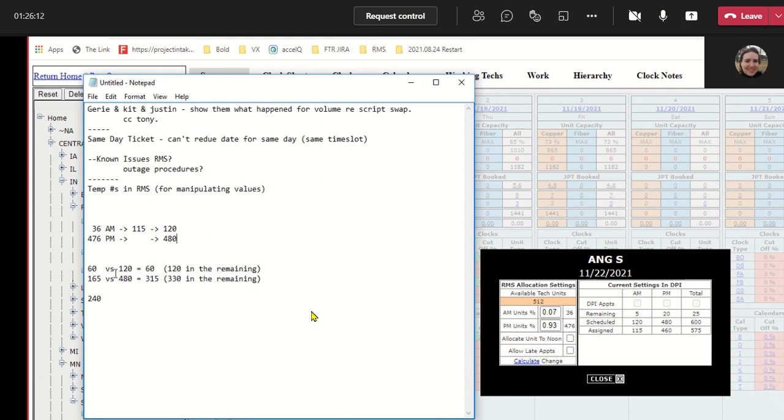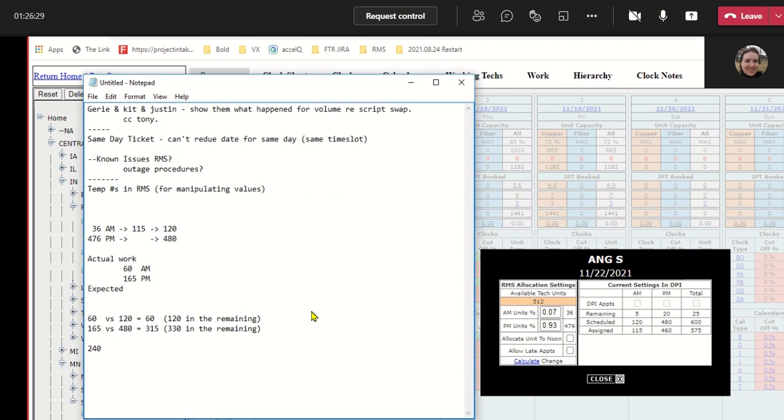Okay, so now the actual work, right? We have 60 a.m. on one job, and then 165 p.m. Right. Okay. So what we would expect for expected remaining would be, I apologize, 60 a.m. Okay.